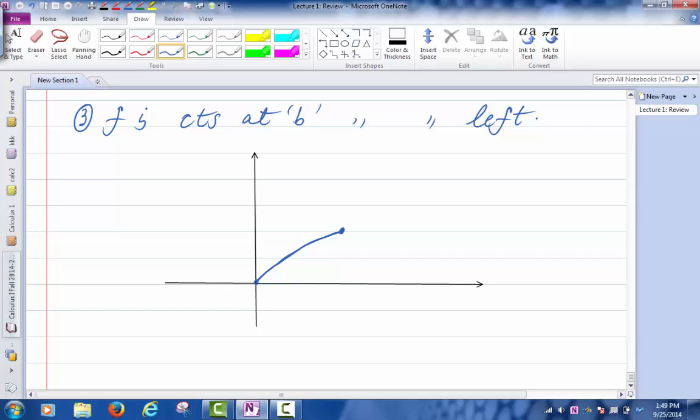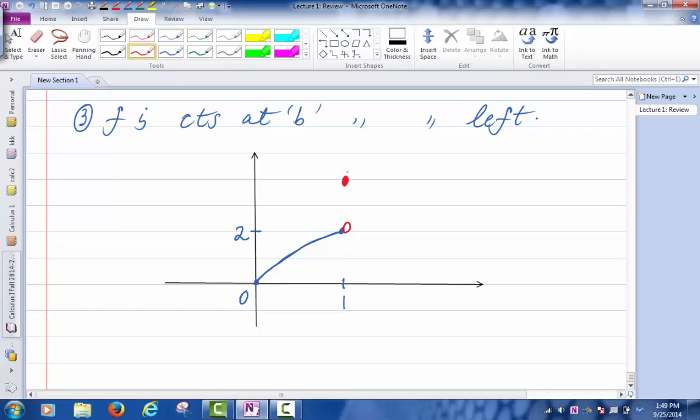So let's say here is the number 0, here is the number 1. If the graph looks like that, the value of the function at 0 is 0, the value of the function at 1, let's say this is 2. I'm just arbitrarily making a graph. This function would be continuous on 0 to 1.